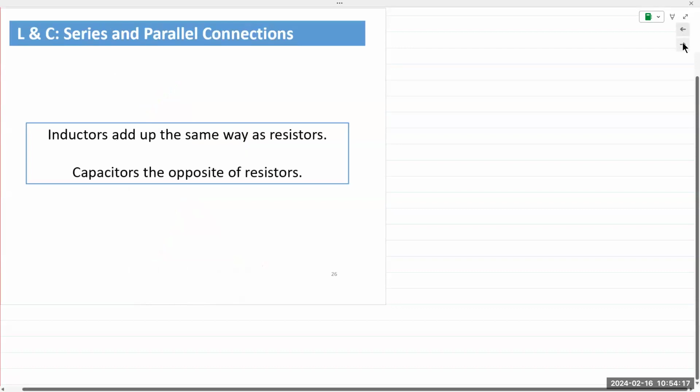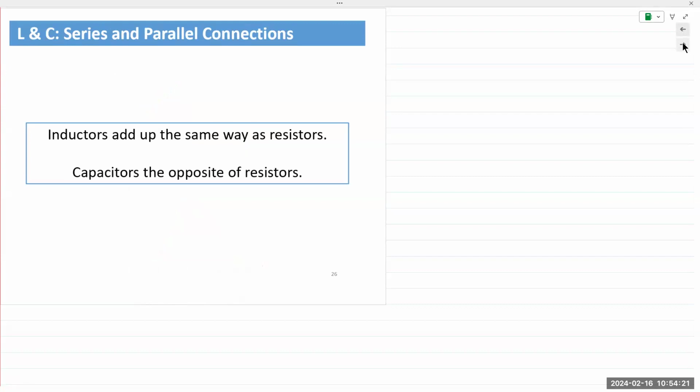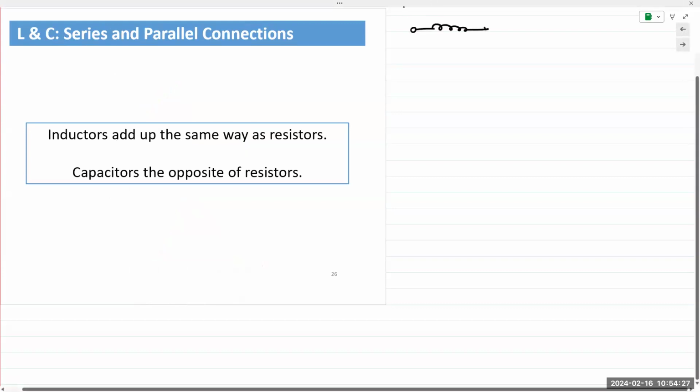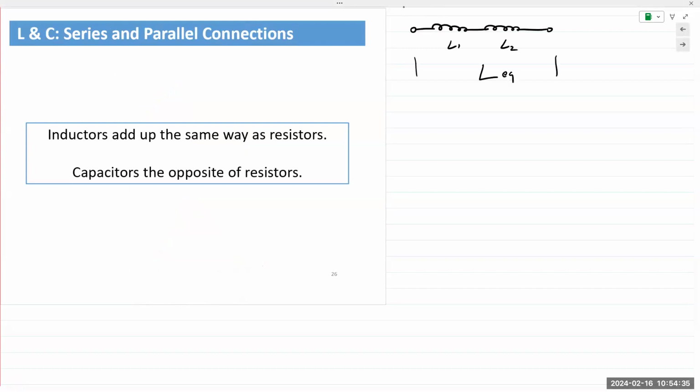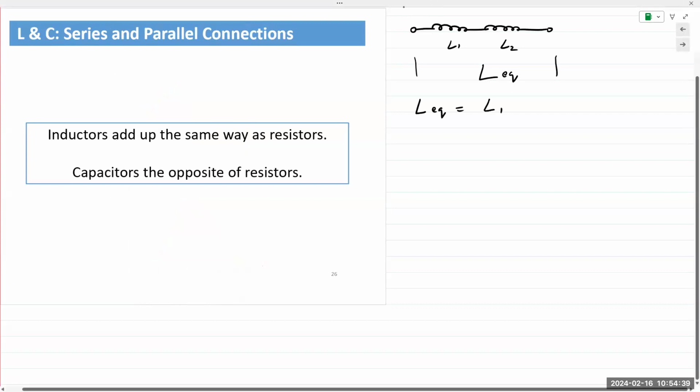So if you have series or parallel connections of resistors, you know what to do. But now we look at series and parallel connections of inductors and capacitors. If you have two inductors in series, and you try to find L_EQ between the outer terminals, they simply add up, similar to resistors.